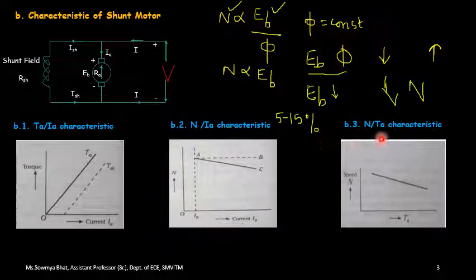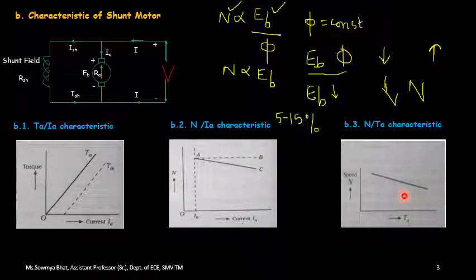Last, it is speed versus armature torque. If you look into the plot, that is the third plot, the armature torque is represented on the x-axis and the speed is represented on the y-axis. The speed is going to fall somewhat as the load torque, that is TA, is going to increase.